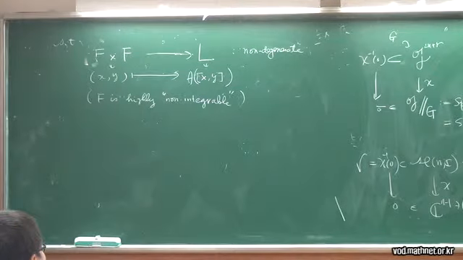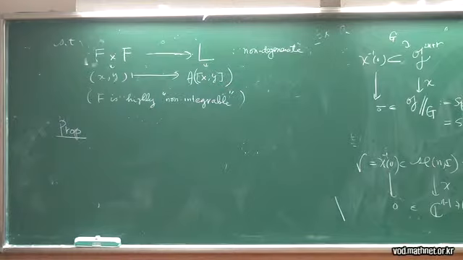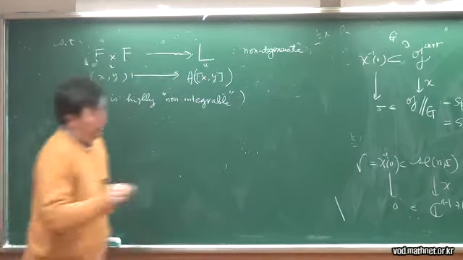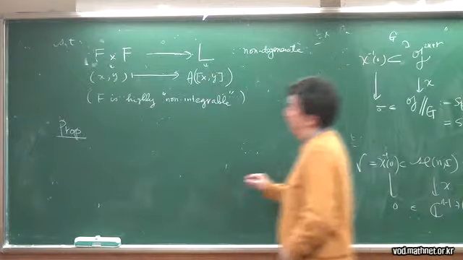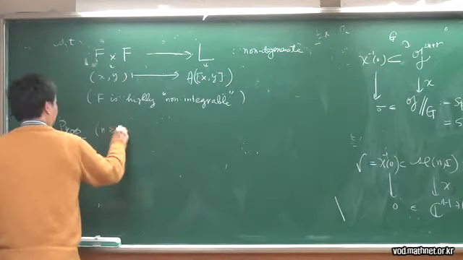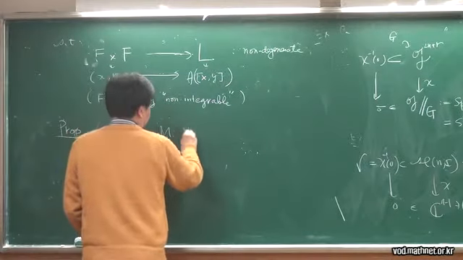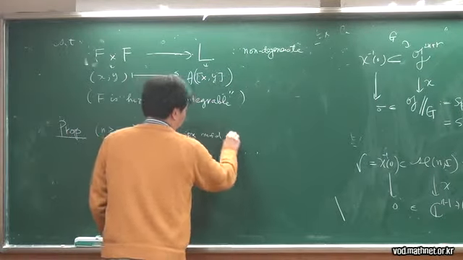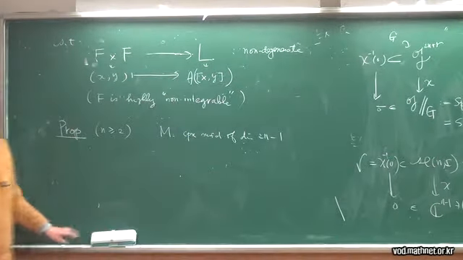So now we introduce some propositions. The first proposition is this. If n is 1, there is nothing to do, so we only consider n bigger than 1, and let M be a complex manifold of dimension 2n minus 1.